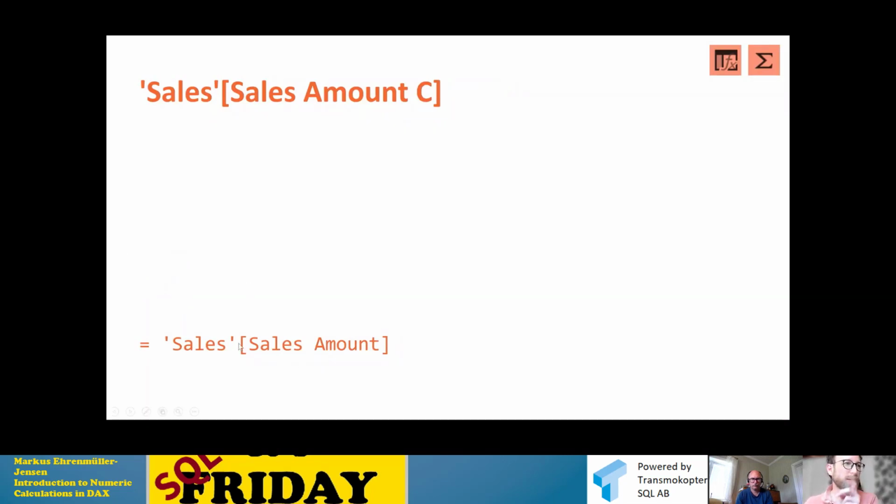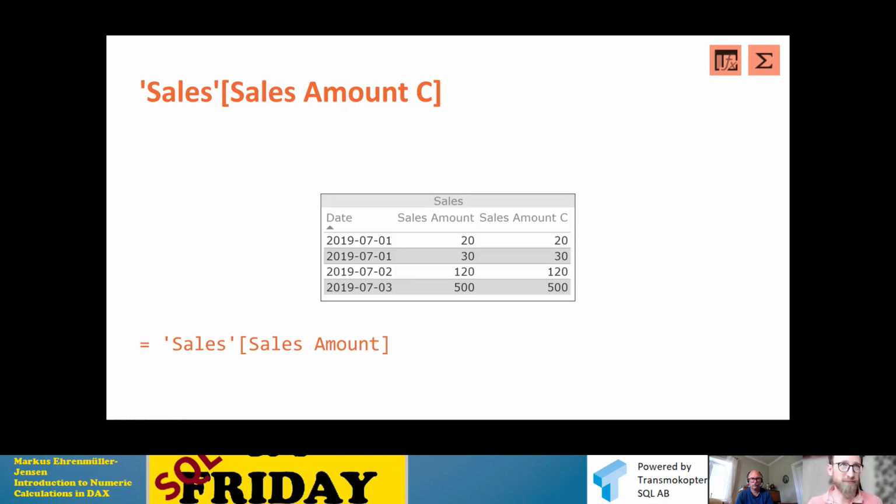For some reason, no, this is not the measure. This is the calculated column. That's why I'm putting the table in here. So I'm referring from one column to the other column, and this is just replicating the values. That's what we would expect, I guess. So we're just copying one value to the other one because we have a row context, and this row context of the first row is only seeing one single element from the sales amount, and it's just copied there.